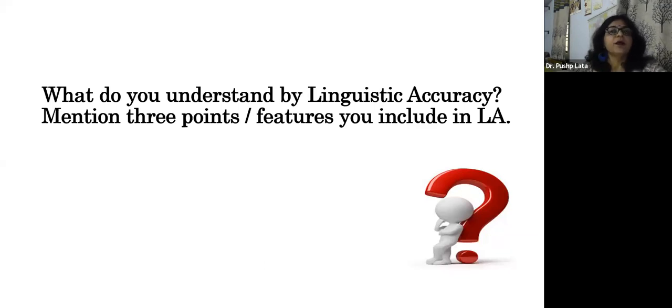You remember, our focus in this workshop is language and style. So coming to that, my question to all of you is, what do you understand by linguistic accuracy? Because this is one word which comes to our mind: it should be accurate, it should be appropriate. So what do you understand? Can you mention 3 points in the chat box which you would like to include in linguistic accuracy?